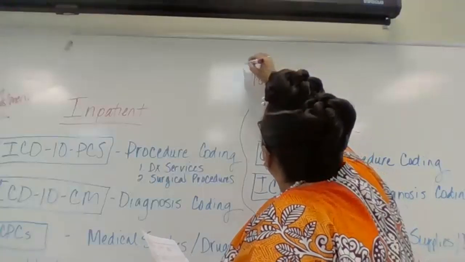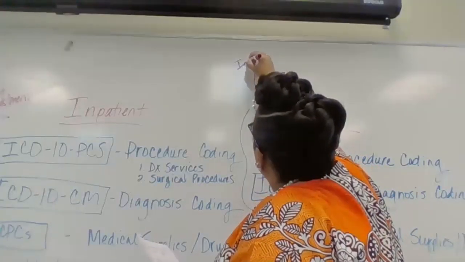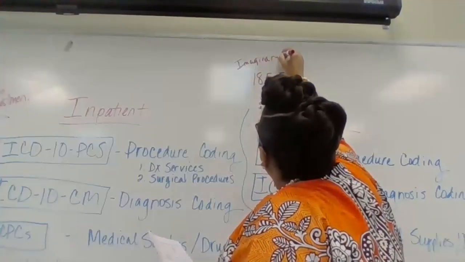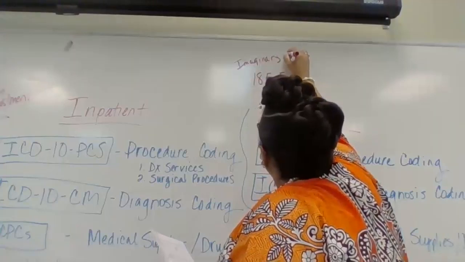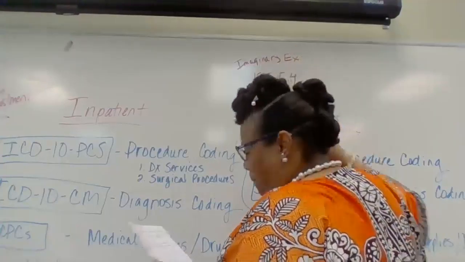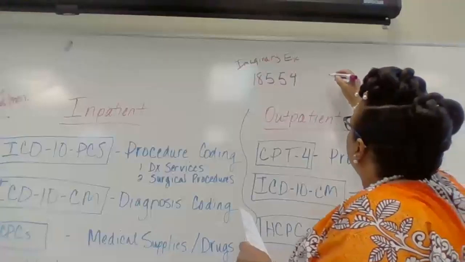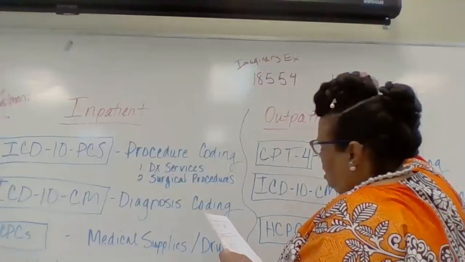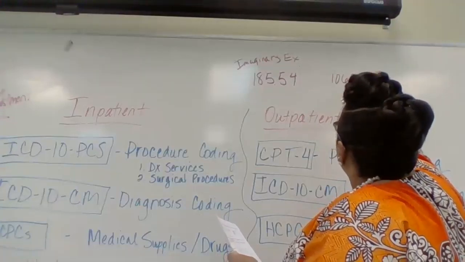$185.54. This is going to be an extraordinary example. Okay, now you have the allowed amount as 106.02.